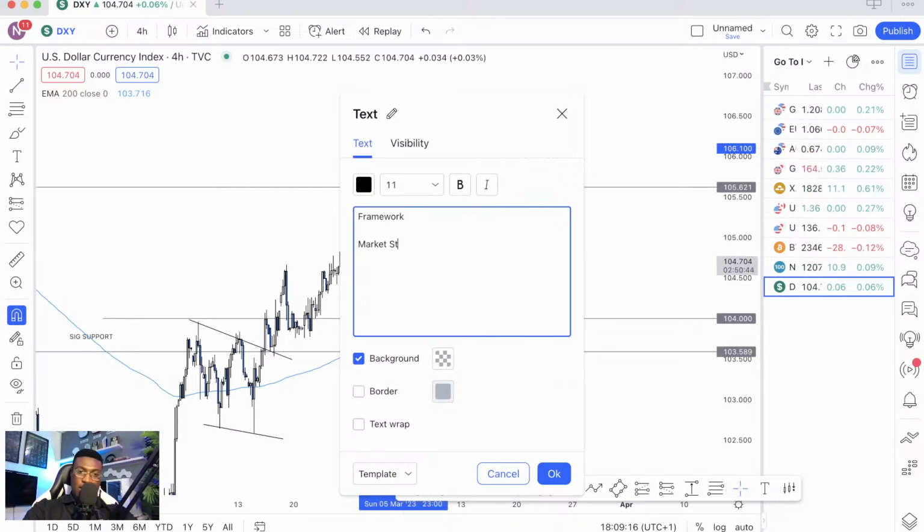As I analyze, it guides the analysis in terms of looking for key levels and areas of value, areas of volatility and liquidity as well.